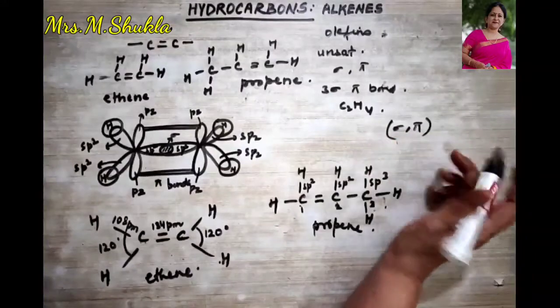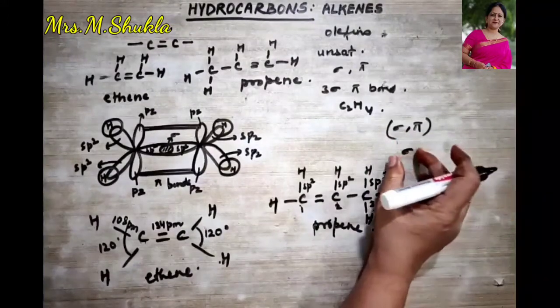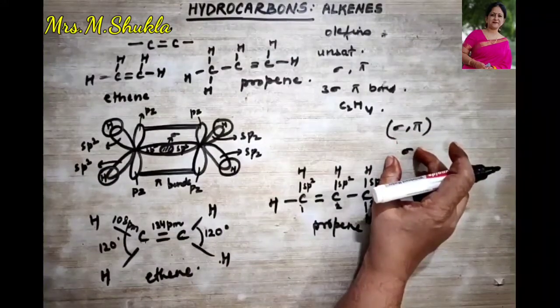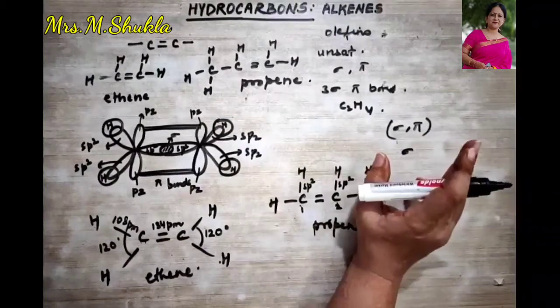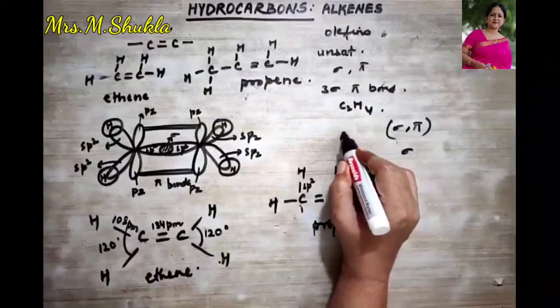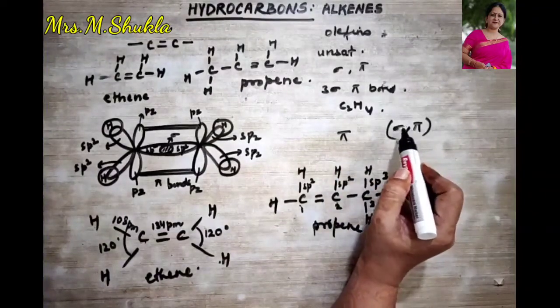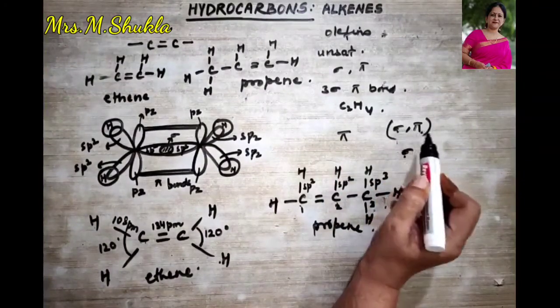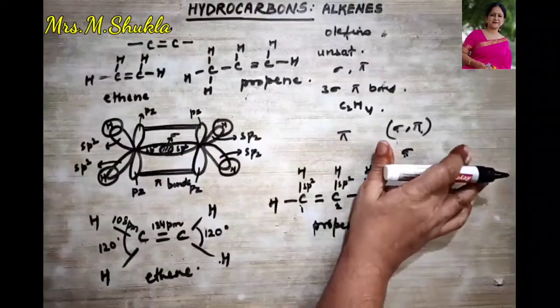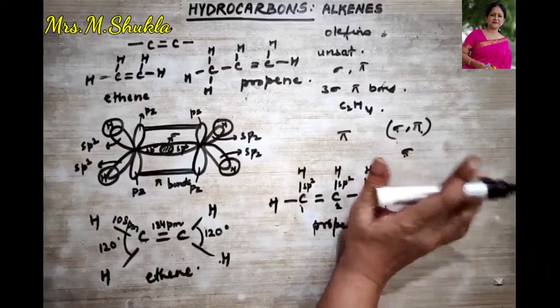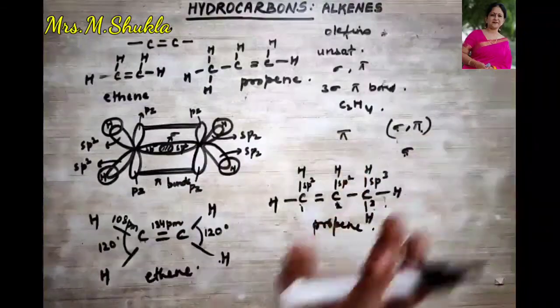This is stronger than only the sigma bond. So what did I say? The pi bond is weaker than the sigma bond, but the double bond is always stronger than the sigma bond. Clear?